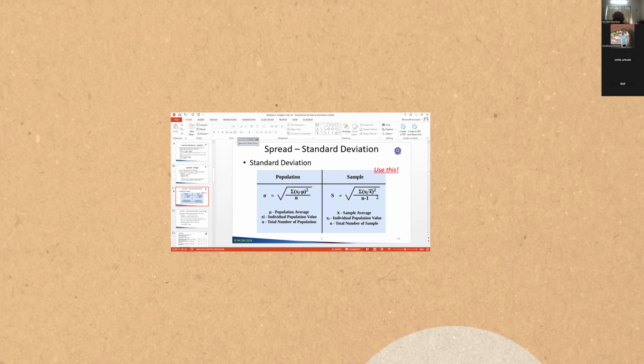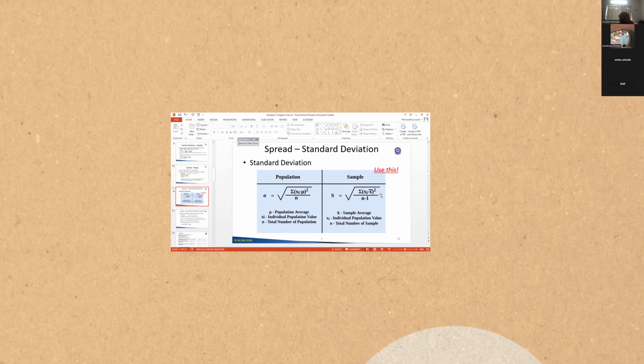So standard deviation, you have to calculate for sample and population. Generally, when you are doing it for a sample, you take each and every value for that particular parameter. For each value you calculate xi minus x bar. X bar is the average, and xi is that particular value.